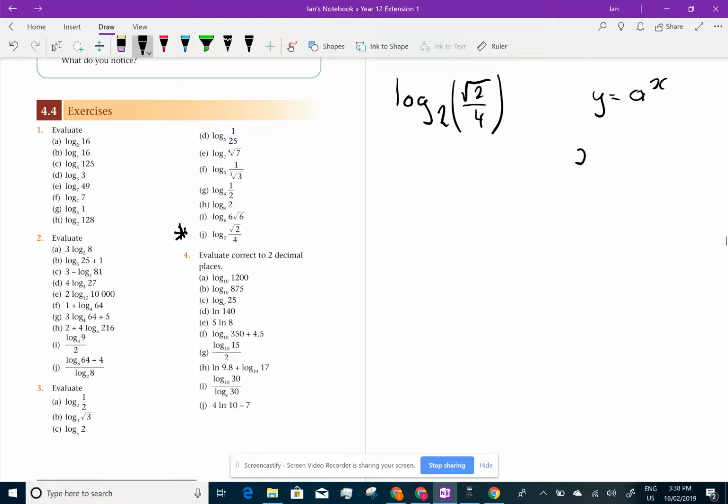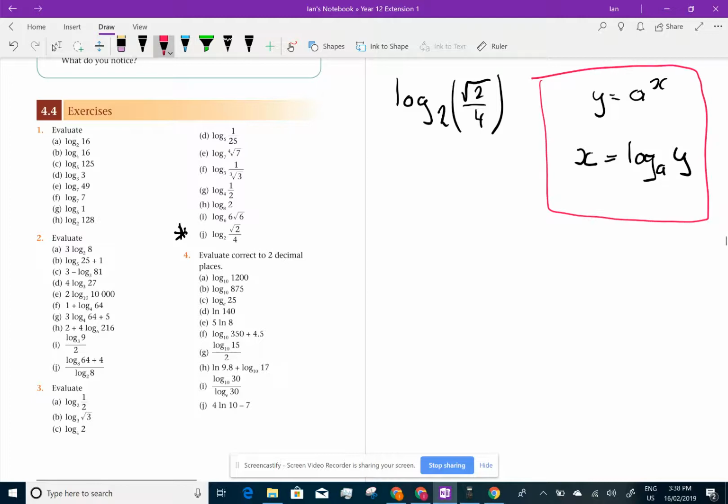Well, then you bring that x down, because that's what you want to find, and that equals log of base a, y. And that's our law for all of this. We're going to learn some other laws in the next exercise, but we'll stick with this now.